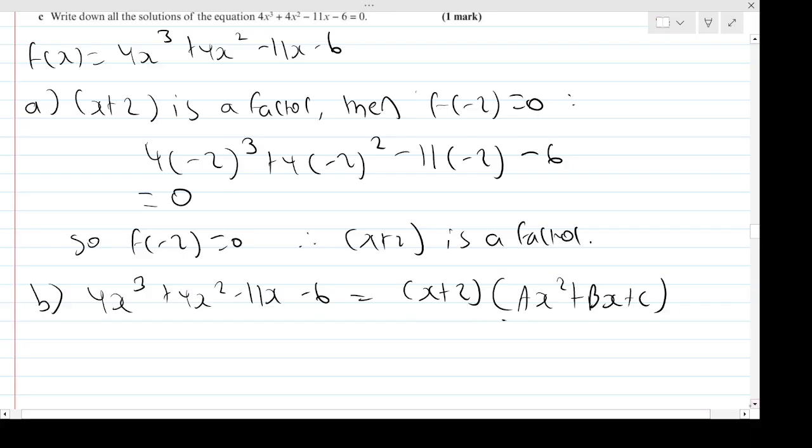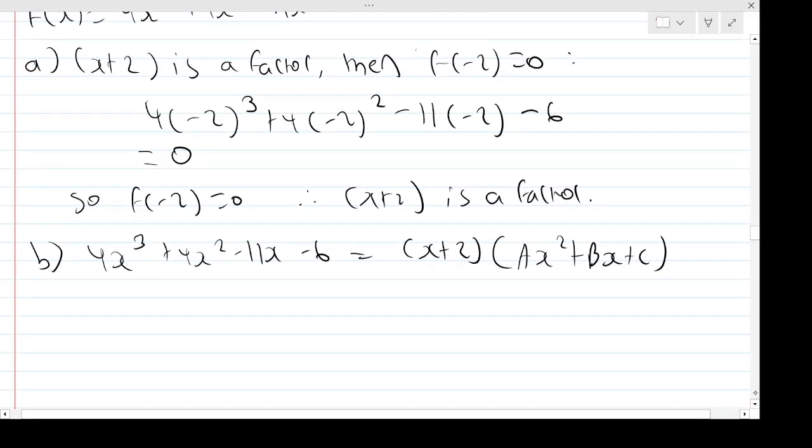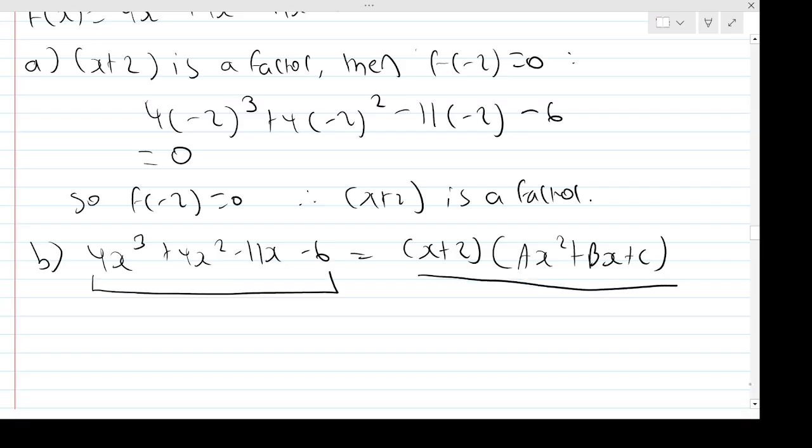Okay, so now the mission is to find the quadratic, right? Exactly. What are the missing values a, b, and c? So again, what we're going to do is expand this bracket, and then it should match exactly the cubic.